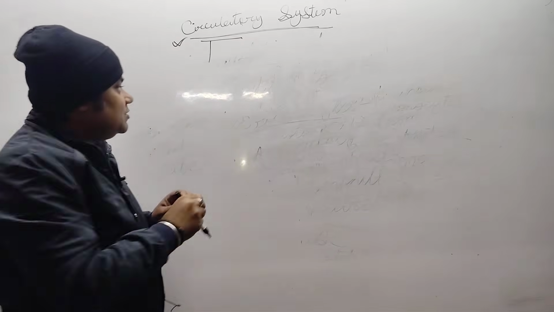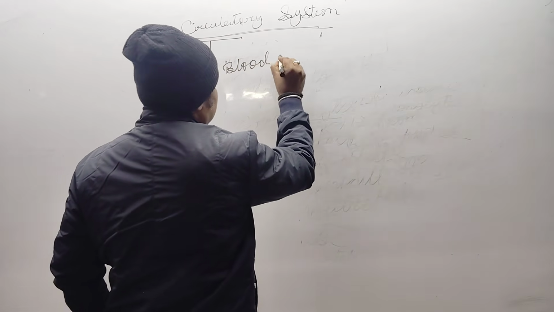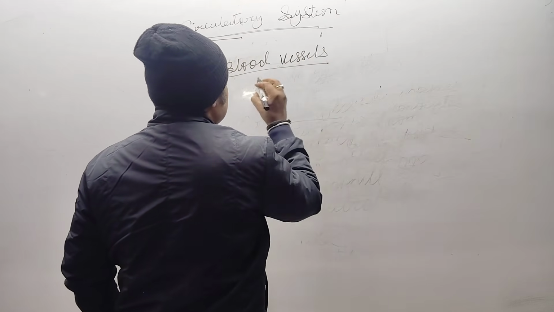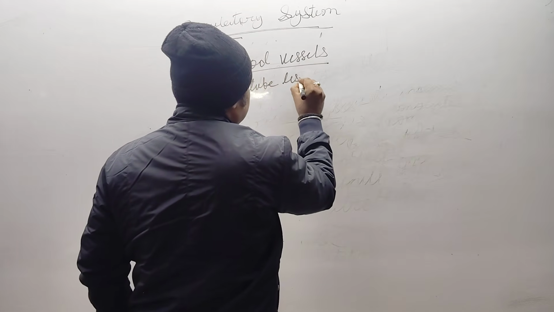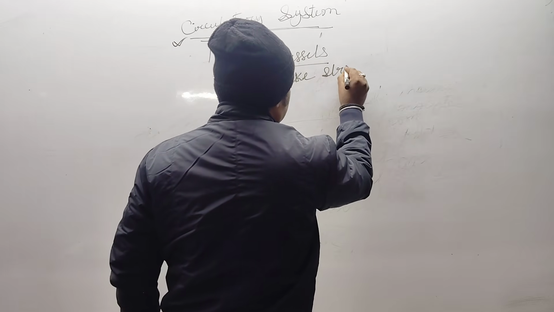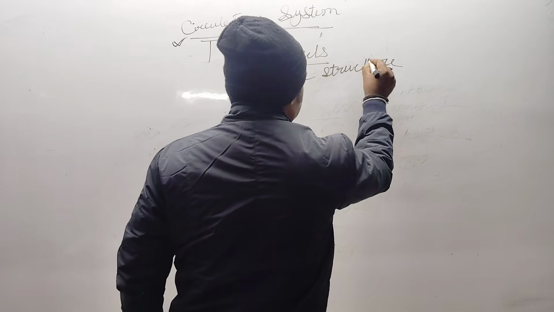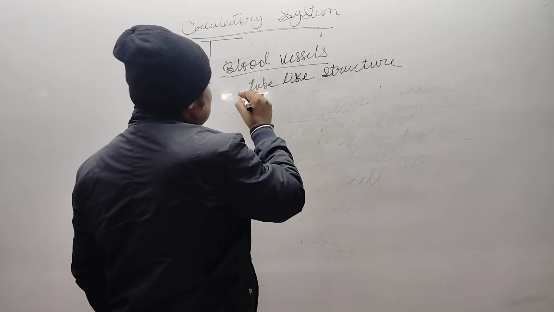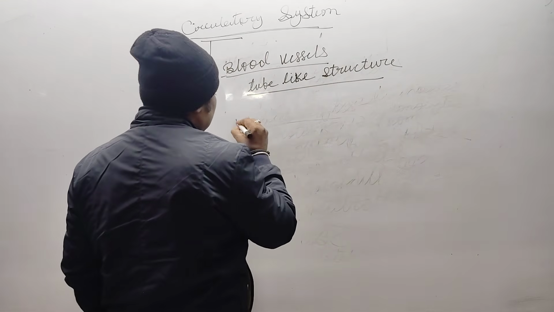Blood vessels are the tube-like structures. If we have to talk about the blood vessels, they are of three types.